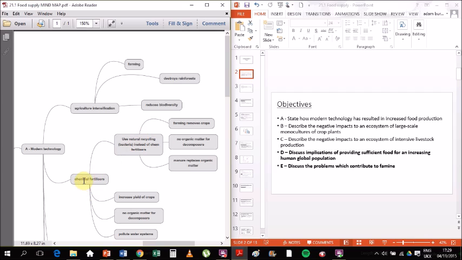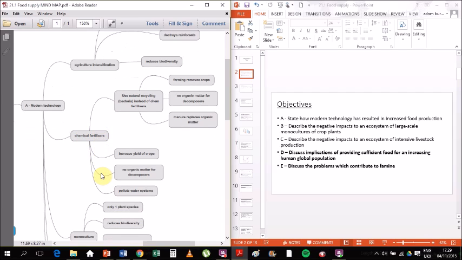The next thing is chemical fertilizers. Again, it's fairly standard. These are to increase the yield of crops. Now, normally bacteria are involved in the recycling of nutrients. We talked about that a bit in topic 19 with the recycling of nitrates back into the soil for plants to use. Remember that they came from decaying matter, like dead animals and feces.